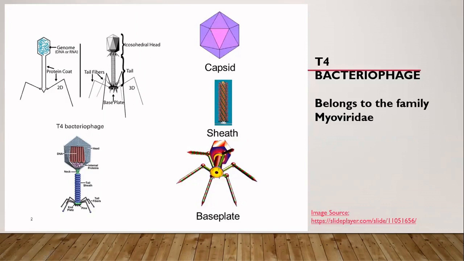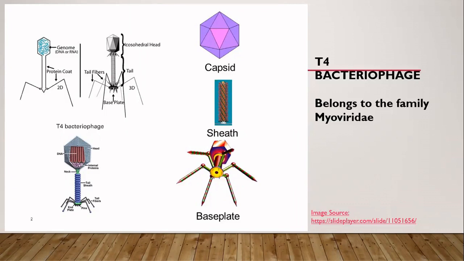The T4 phage is said to have a capsid made of nearly 2,000 capsomeres. Within this capsid is present the genetic material. In the case of the T4 phage, this is double-stranded DNA. The DNA is quite long and is tightly packed into the head.